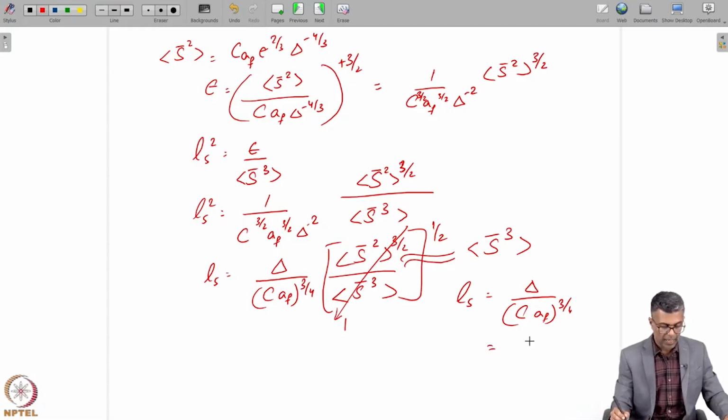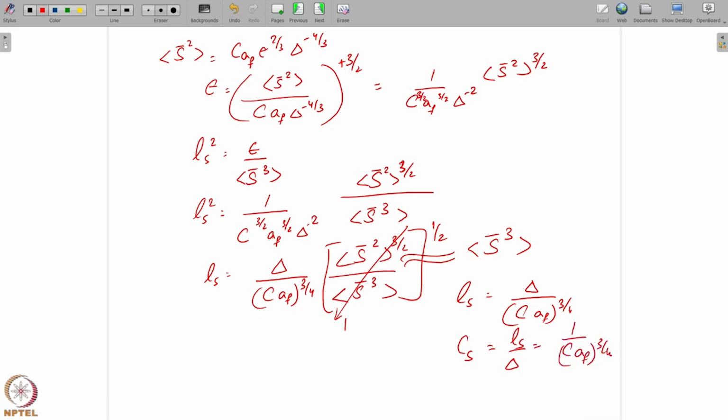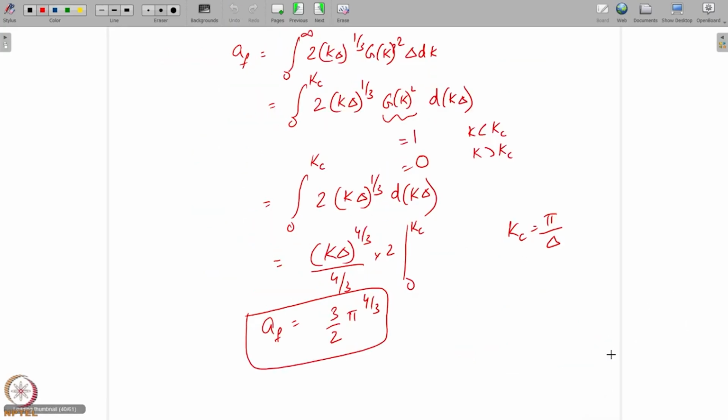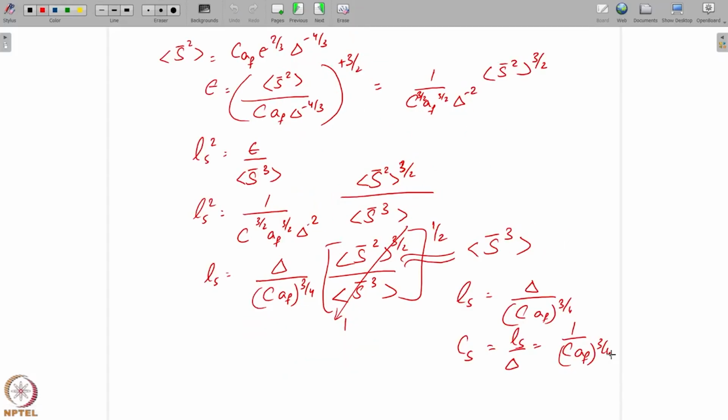So LS is this one. I am trying to find out what CS is, isn't it? So that is LS over delta. That would be equal to 1 over C AF to the 3/4. And AF is 3/2 pi to the 4/3.